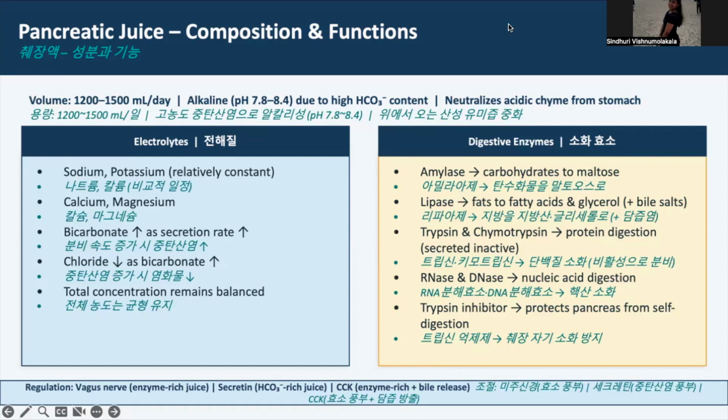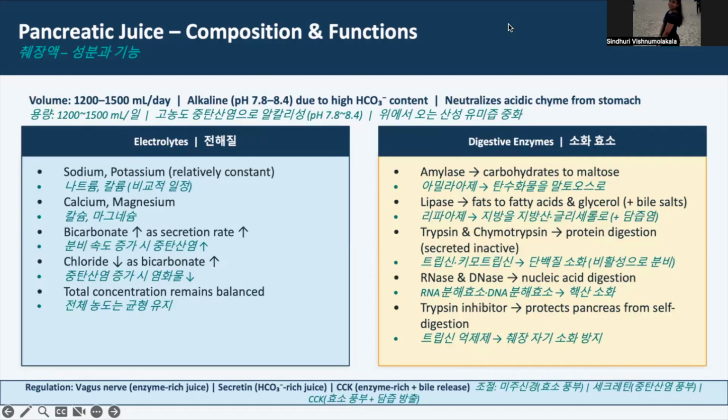The daily secretion is about 1200 to 1500 ml, which is 1.2 to 1.5 liters, and it is alkaline in nature, that is 7.8 to 8.4 pH because of high HCO3 content. The specific gravity is 1010 to 1018. It neutralizes acidic chyme from the stomach.